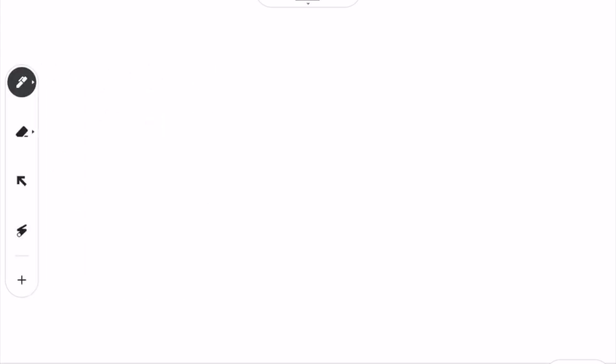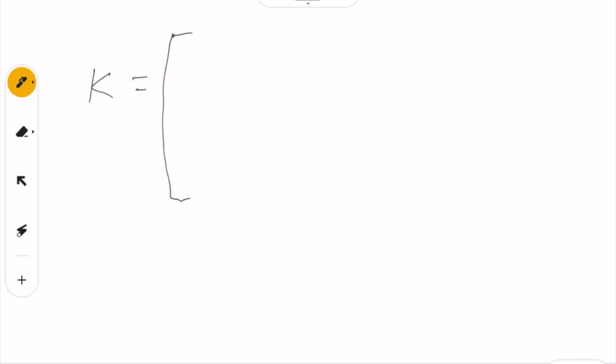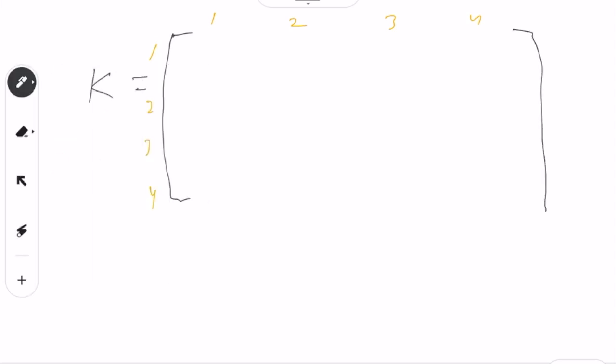So the big K is going to be, let's make it bigger, and then we write here 1 2 3 4, similarly 1 2 3 4, so that we can add them nicely. Yeah. So we have it like this.